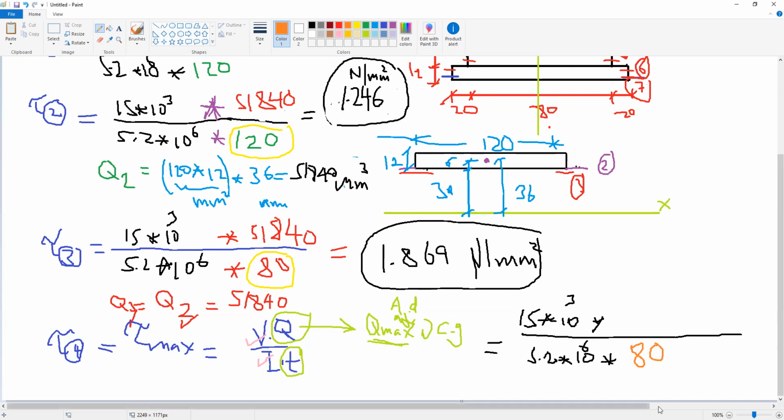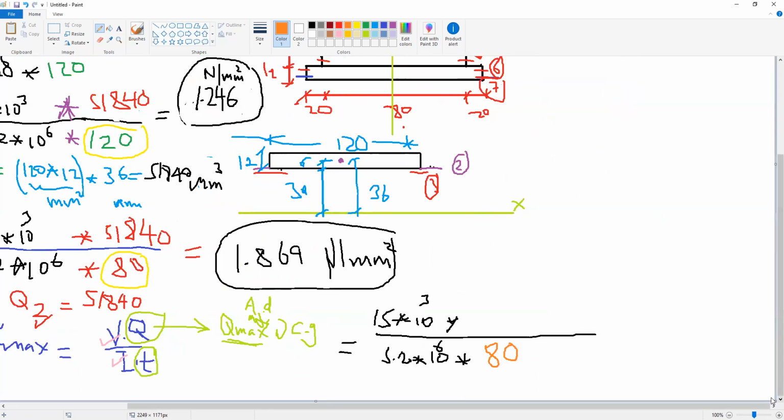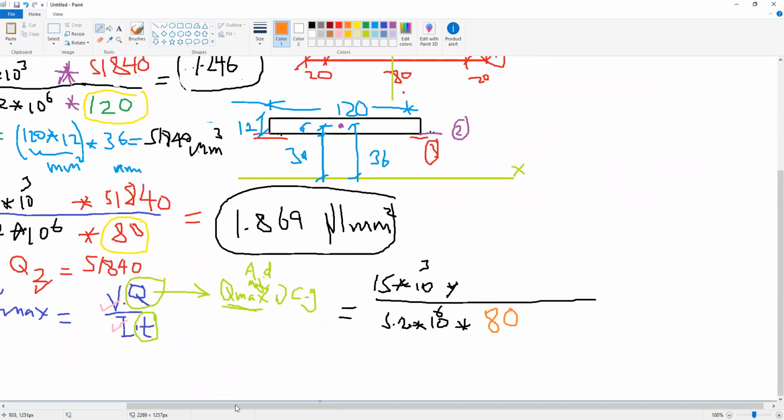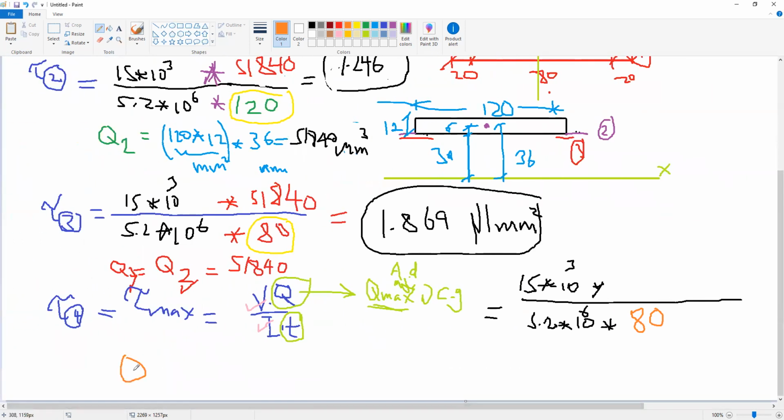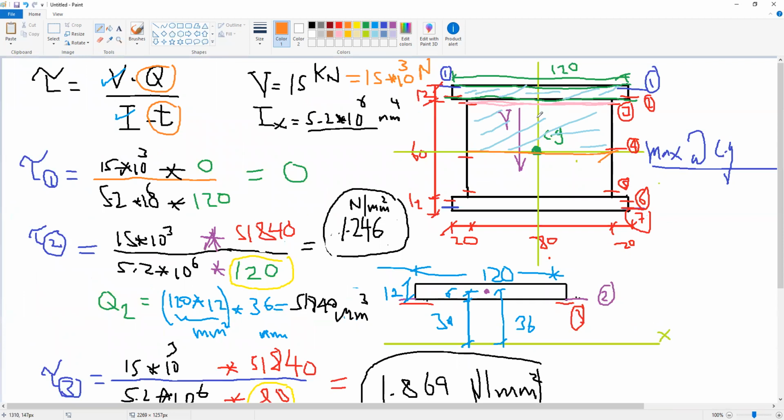How much is Q for this section? Q at section 4 will be the area above the section. How much is the area above the section?